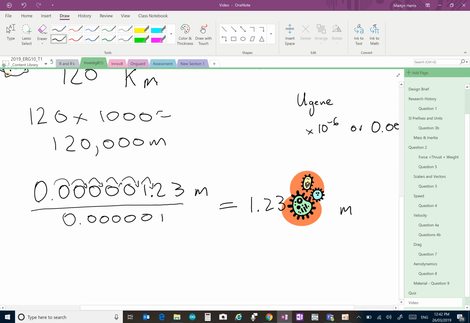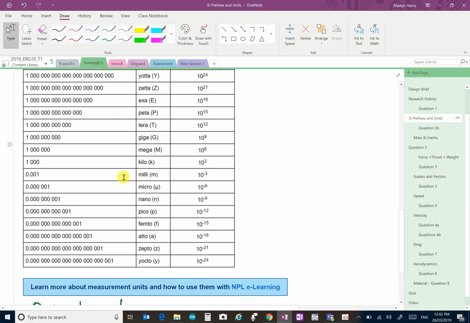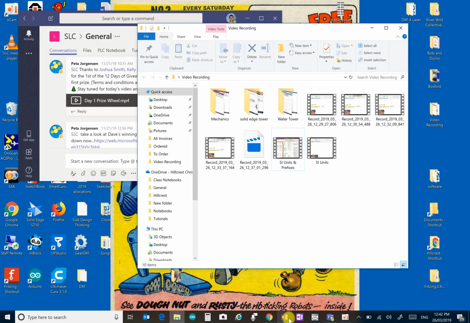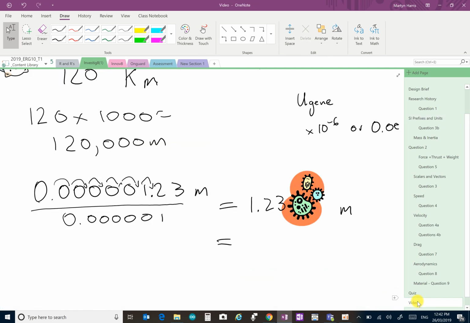Now there's another name that we actually have for Eugene, and that is, let's have a look, 10 to the power of 6, it's called a micro, and it's a funny U, just like Eugene is. So it's 1.23, funny U, meters, micrometers.